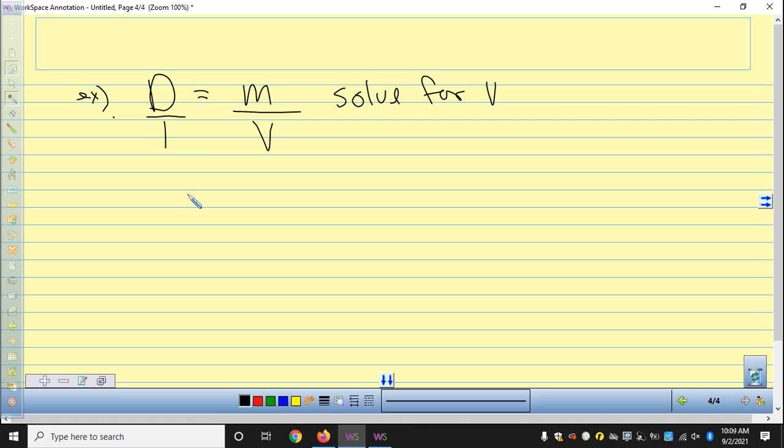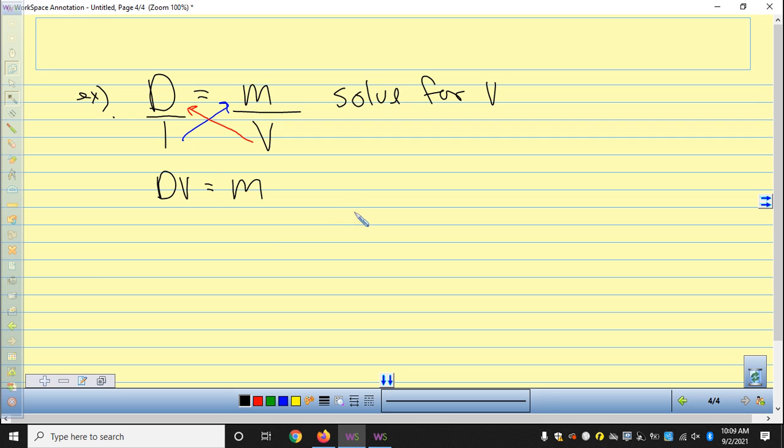Should we cross multiply? That's exactly right. Let's cross multiply. So I'm going to multiply those two, and I'm going to multiply those two, and they're going to be equal. So D times V equals 1 times M, which is just M.